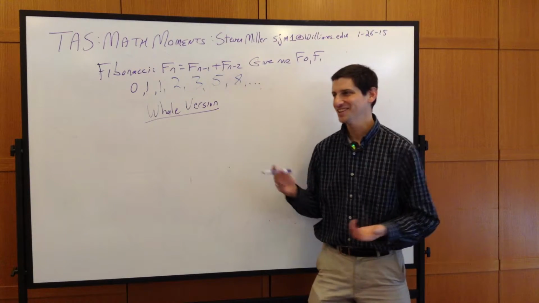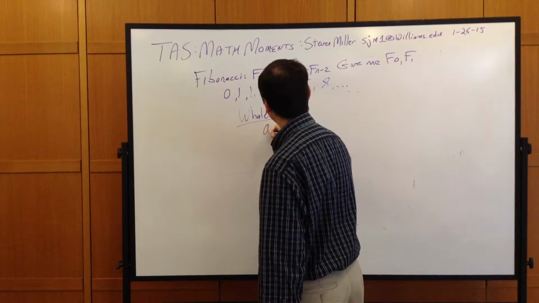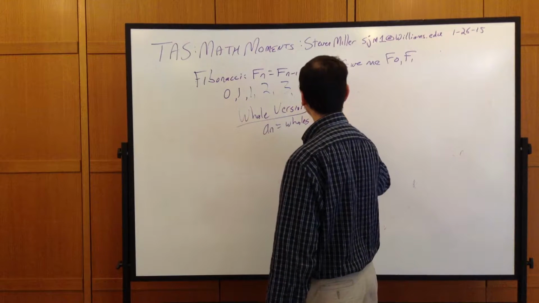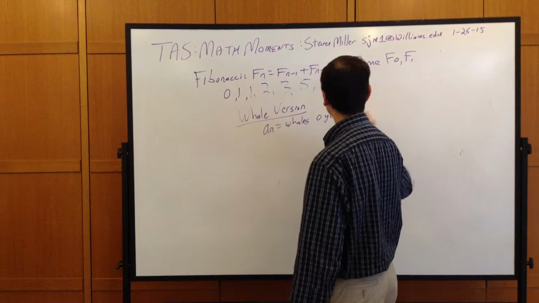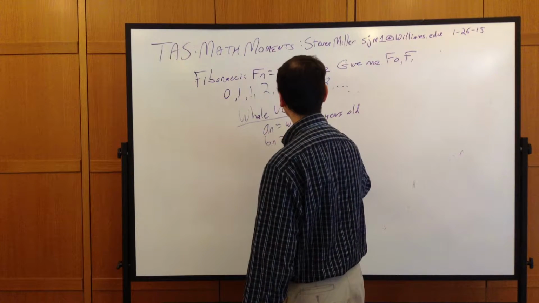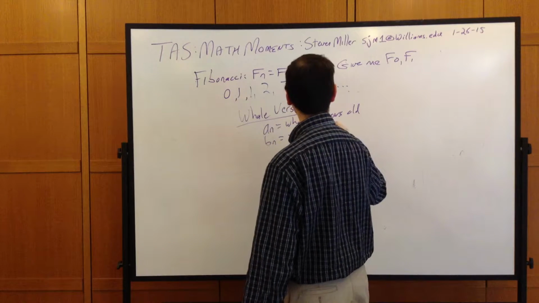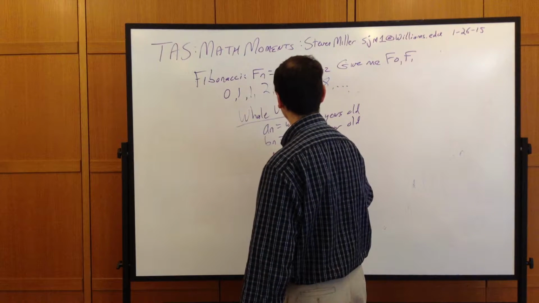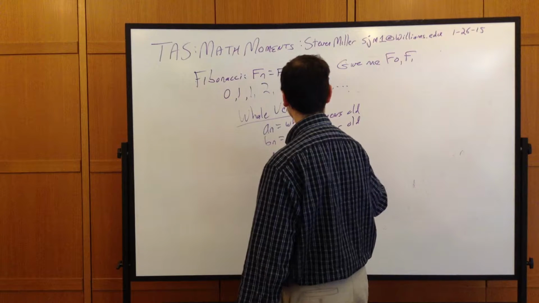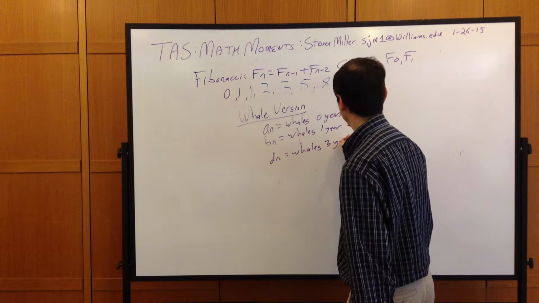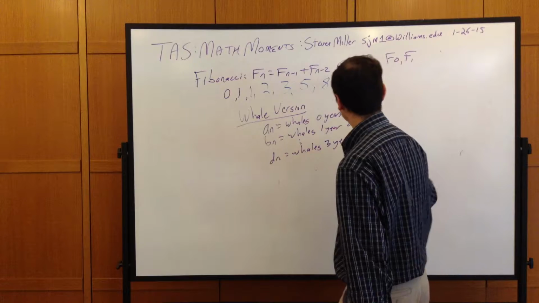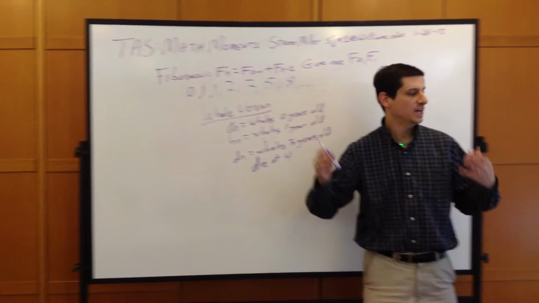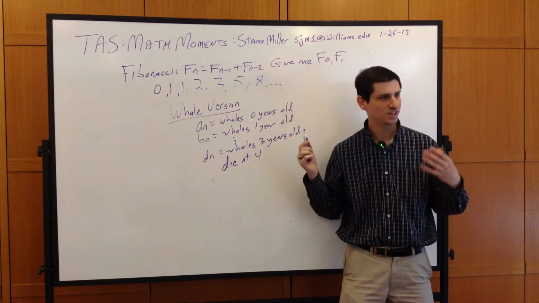And so let's let An be whales 0 years old, Bn will be whales 1 year old, ... Dn will be whales 3 years old. They die at 4. Now again, this is a very simplified model for real life.